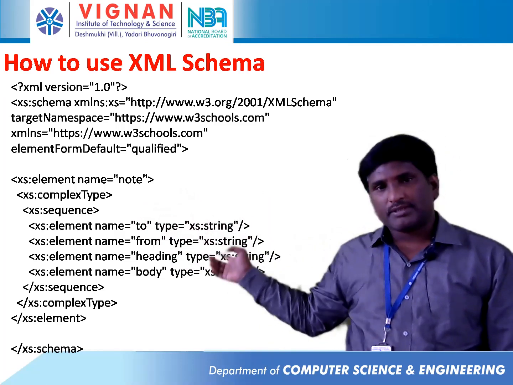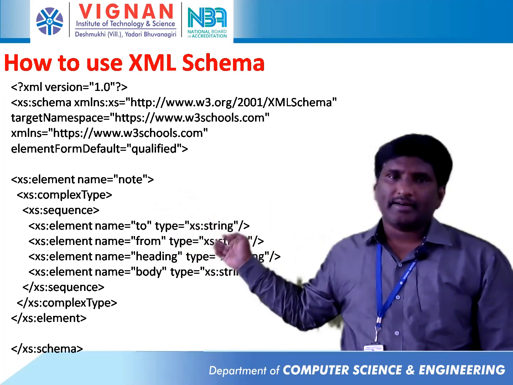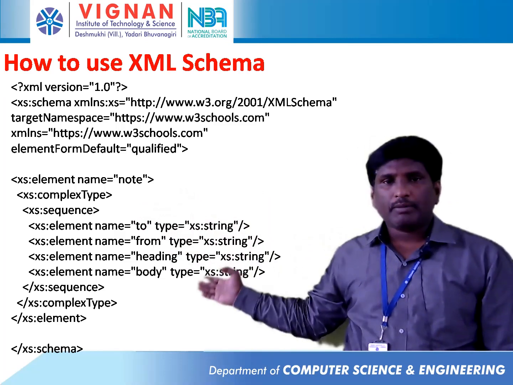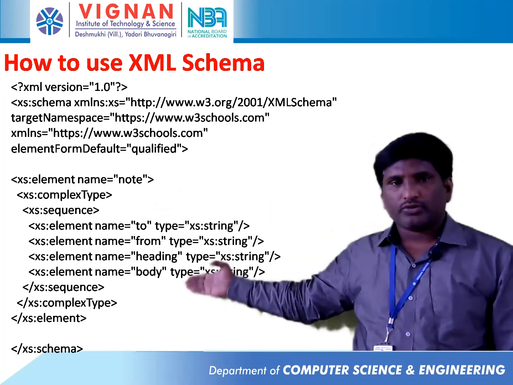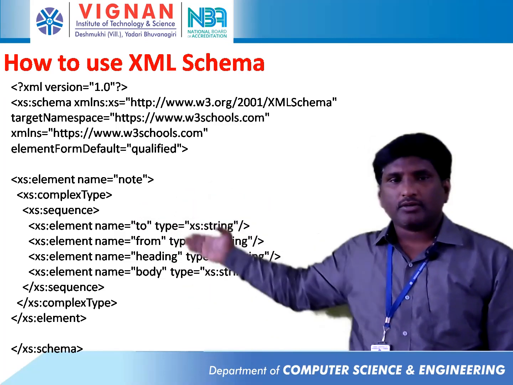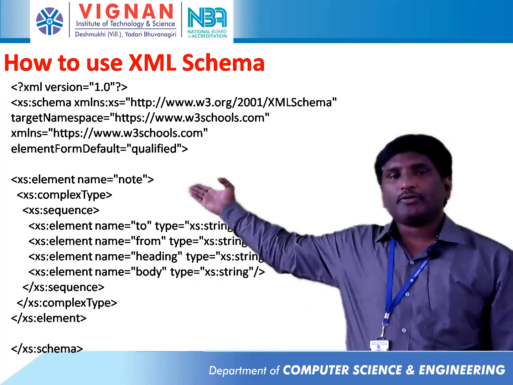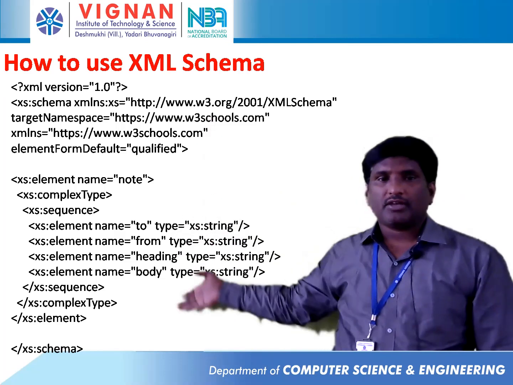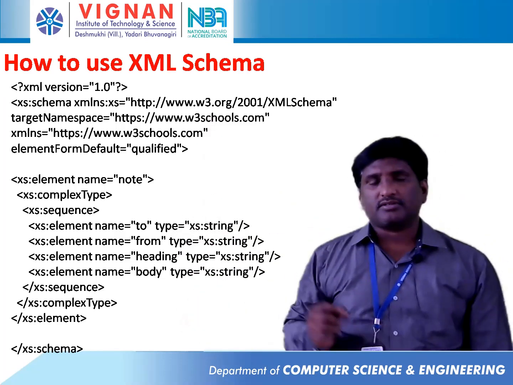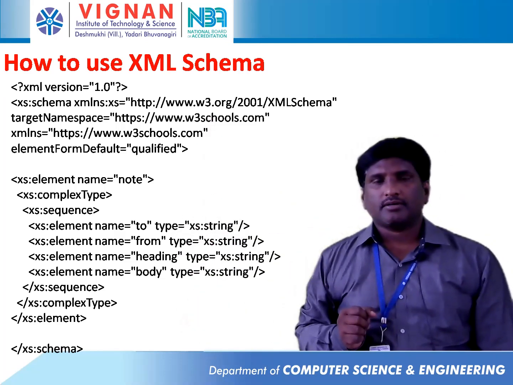That is the data type XML supports. All four elements are of string type. Then opening the sequence, closing the sequence, complex type opening, closing the complex type, element opening, closing the element, and schema opening here, schema close. You must follow this syntax.